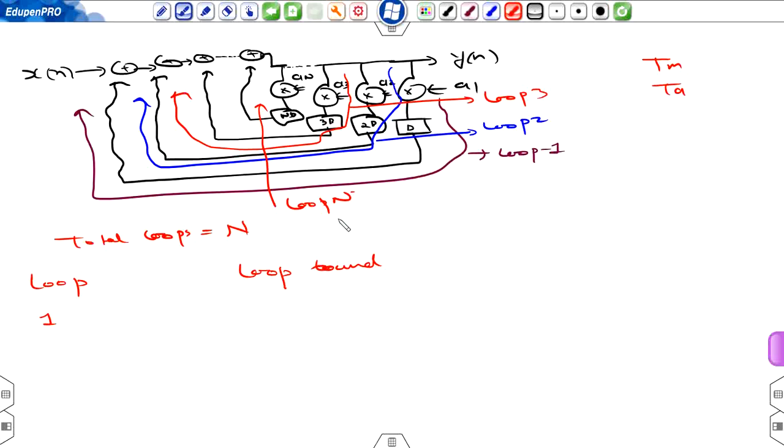So the total computation time is Tm plus Ta, and it has n adders, so this completes loop 1: Tm plus n times Ta, divided by the number of delay elements, which is 1.